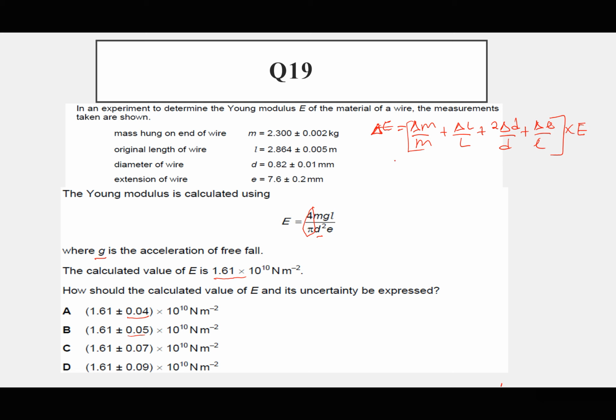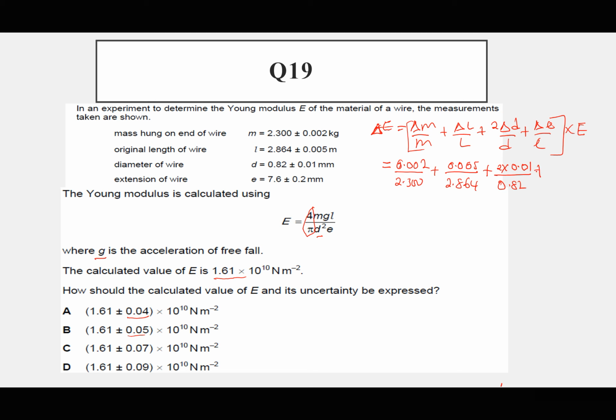If we substitute, for M this is 0.002 divided by 2.300, plus for L, 0.005 divided by 2.864, plus for D, 2 times 0.01 divided by 0.82.